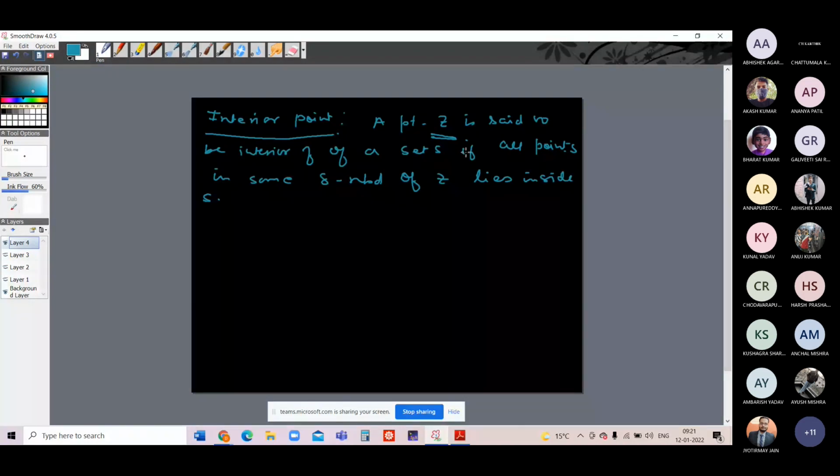For suppose that our set is an open disk about this point z naught of radius delta. It is an open disk. Boundary के points यहाँ पे excluded है.